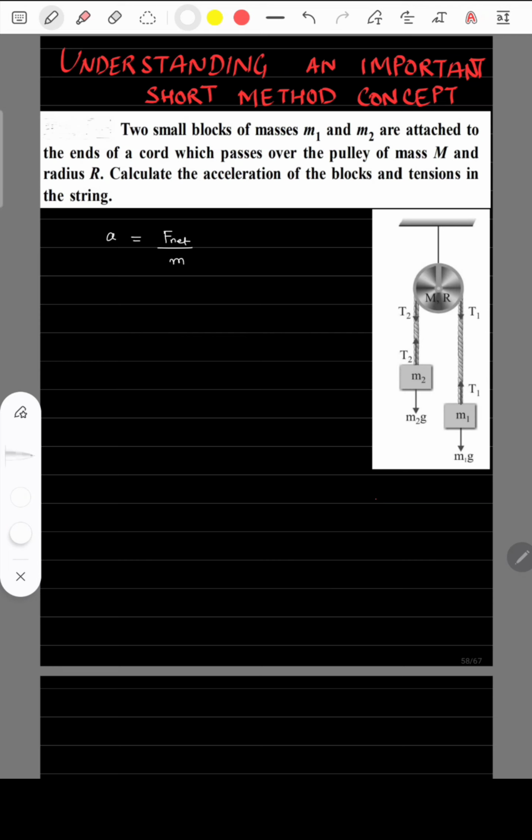Further, when we move to the laws of motion, having a pulley and 2 blocks of masses hanging on it, what we have seen, the acceleration can be written as the net unbalanced force upon the total mass of blocks. This we have seen in the laws of motion chapter.